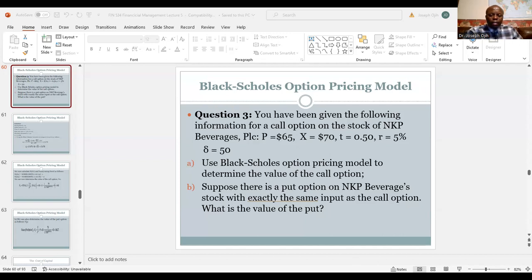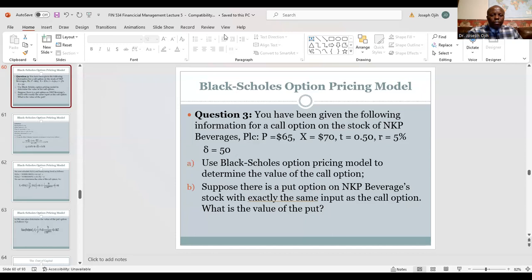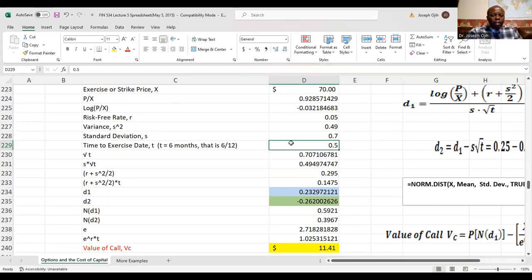Next is the variance. Standard deviation is 50. So you go to standard deviation and put 50 right there. Because we added this formula in when we were doing question 2, as we put the standard deviation, it will calculate the variance automatically.